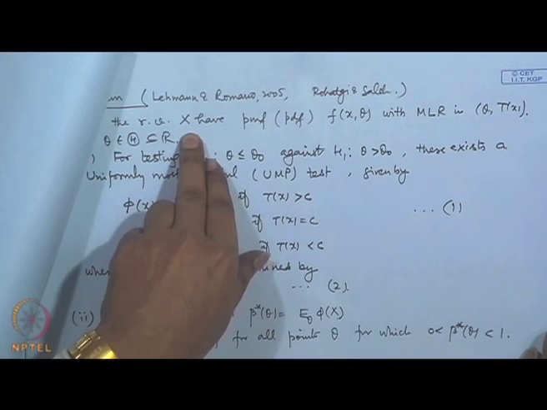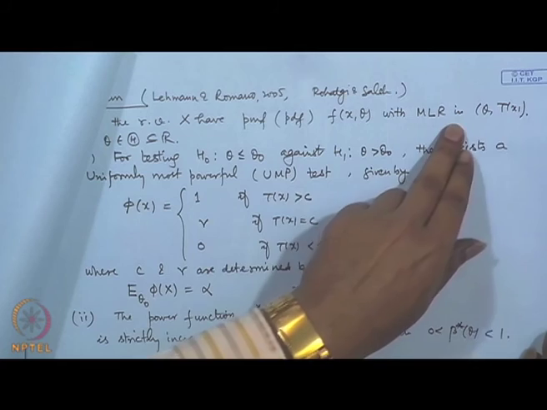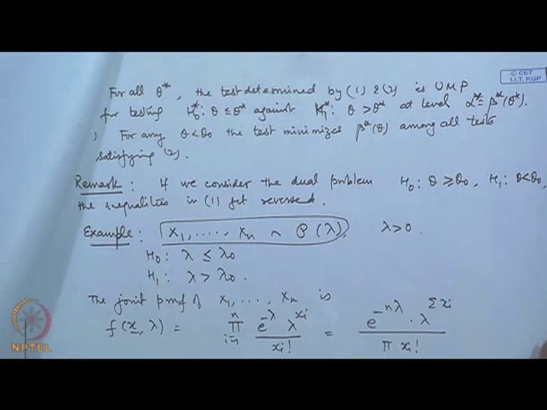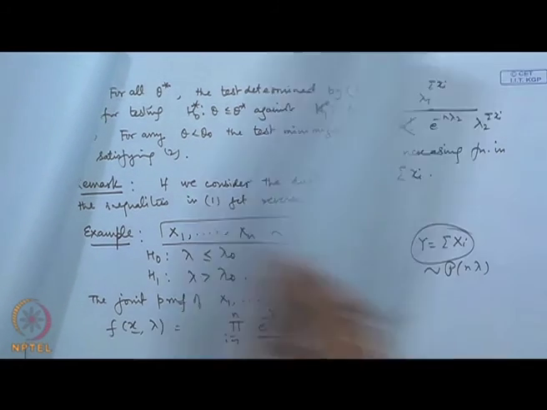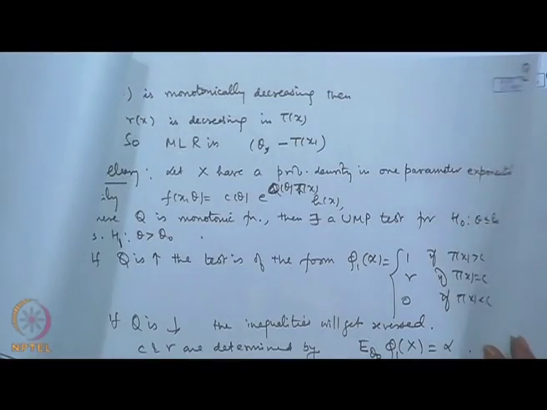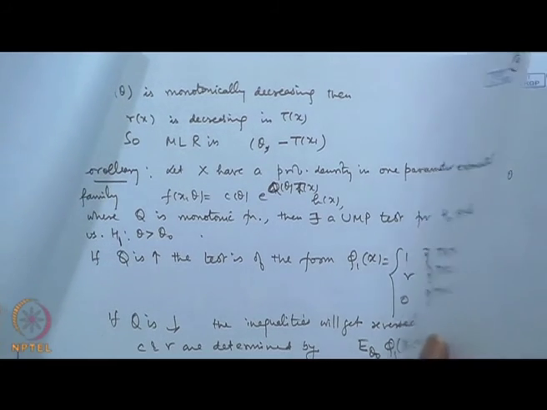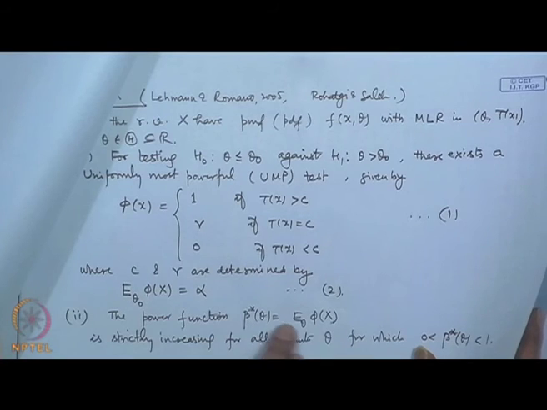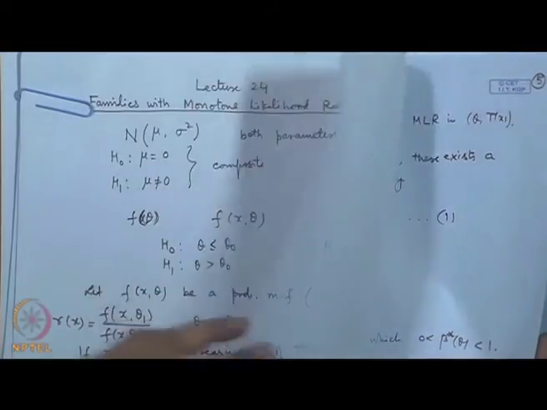If the distribution of x, f x theta, has MLR in theta and T x, and the most powerful test is of this form, then what we said here is that for the values of theta which are bigger, the power is greater than or equal, and for the lower side it is an increasing function. Beta phi star theta is an increasing function of theta. I think this is a strictly increasing function of theta, for which this is true. So, this is followed here.